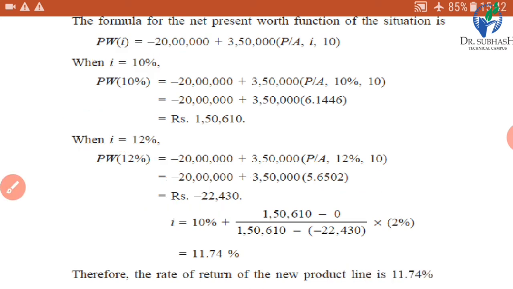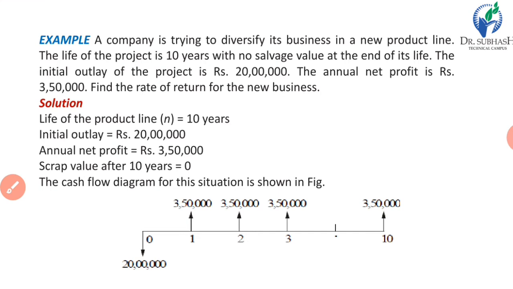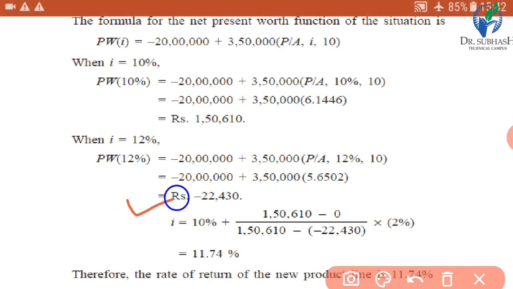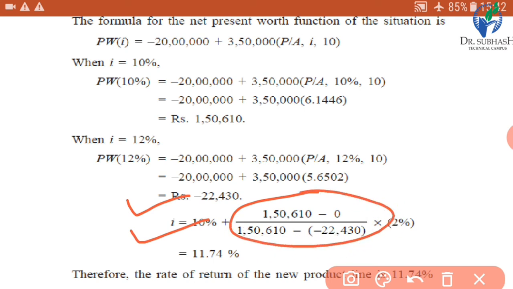But if we observe the result, we can say that the negative value is very small. It is only 22,430. So we can say that the interest rate will be near to 12%. Now from this formula, i is equal to 10% plus, by putting the values found above in this formula, we get the interest rate equal to 11.74%.